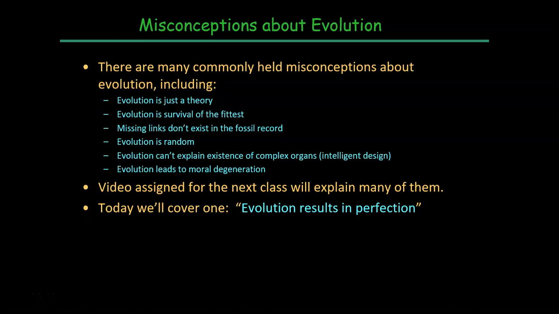Another misconception about evolution is that it is random. It should be very clear by now that there is a component of randomness to evolution. We saw that with genetic drift, and all those forms of genetic drift that we talked about are examples of random loss of genes from a population.